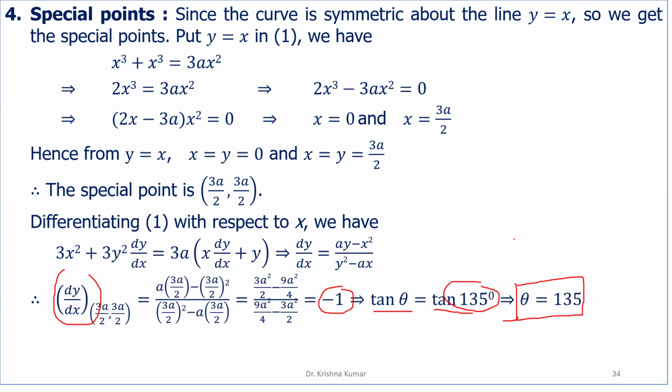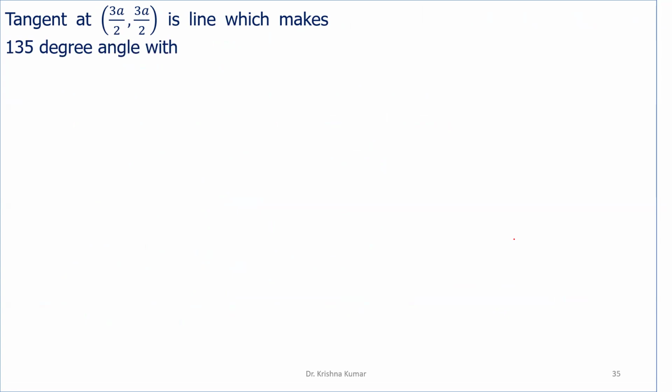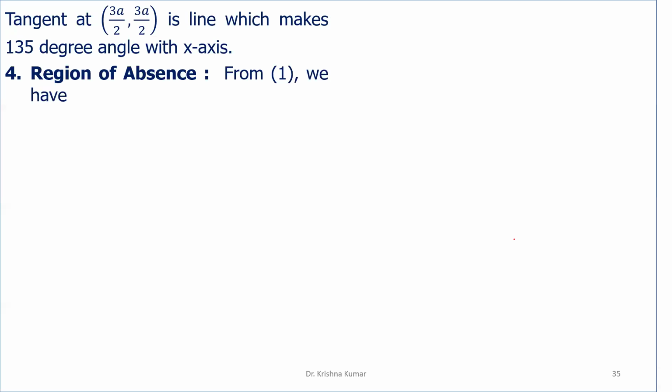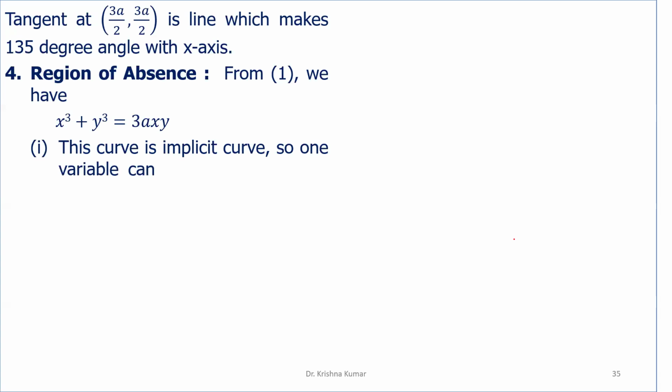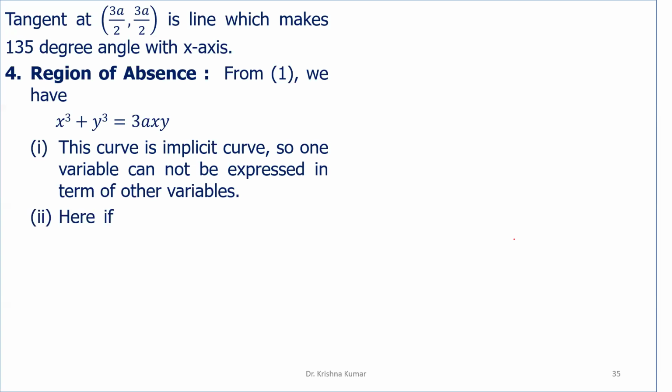So let us see how to trace this tangent. The tangent at 3a by 2, 3a by 2 is a line which makes a 135 degree angle with the x-axis. Regarding absence of the curve: from 1 we have x cube plus y cube equal to 3axy. This curve is an implicit curve, so one variable cannot be expressed in terms of the other, right?